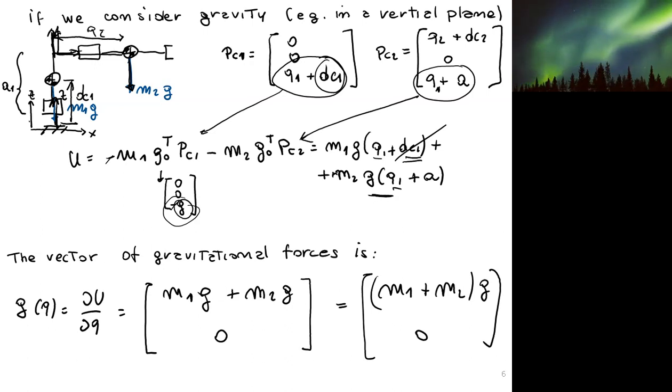We could have some specific peculiar configurations where the gravity vector is nullified. For example, think about a robot that has one joint like this and the other joint folded up.